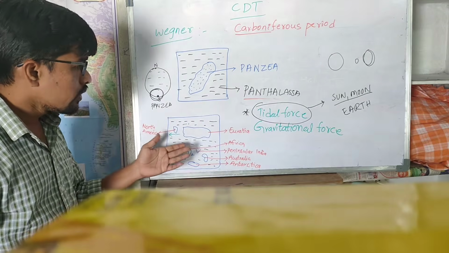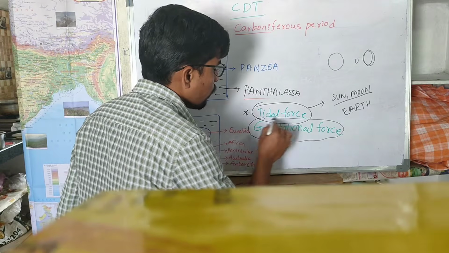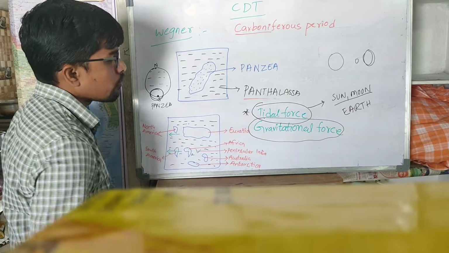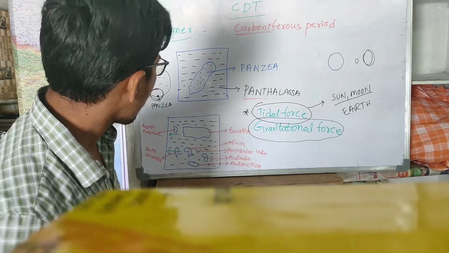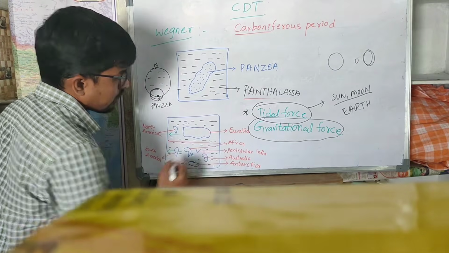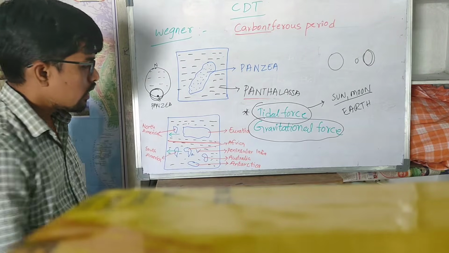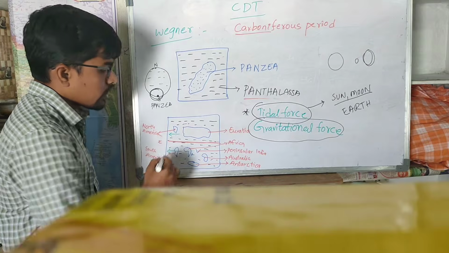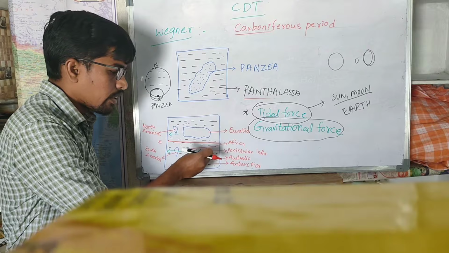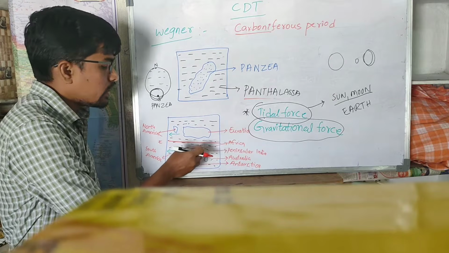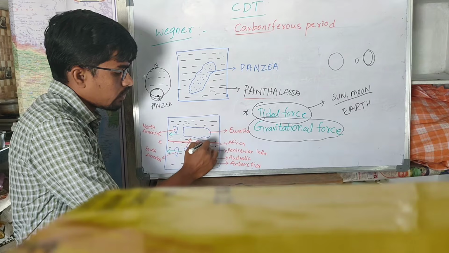And again, gravitational force is the one which causes the equatorial movement. Equatorial means the equator, which passes through the middle of the earth. This is the equator. These continents, Africa, Peninsular India and Australia, are moving towards the northward or equatorward.